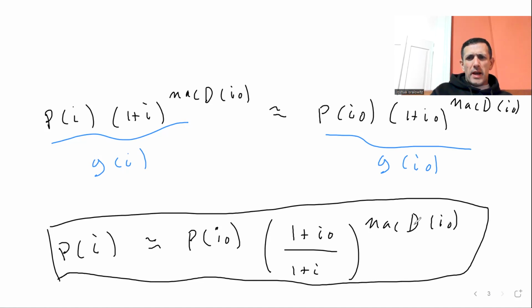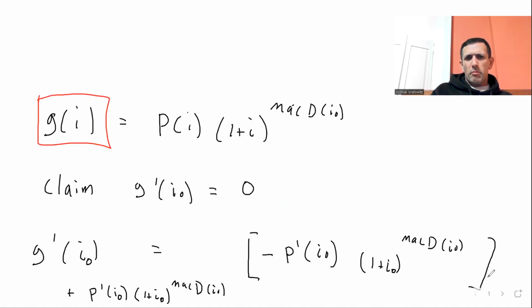And the importance of Mac D I0 in the exponent is that, by definition, this works because you do the product rule, and just by definition of Mac D of I0 as 1 plus I minus 1 plus I0 times P prime at I0 over P of I0, everything cancels out.